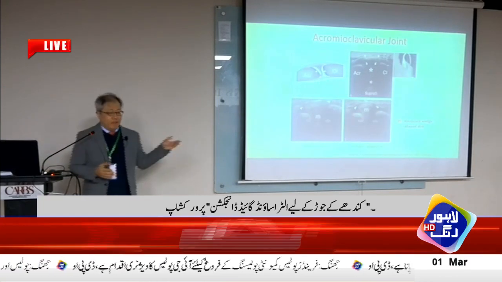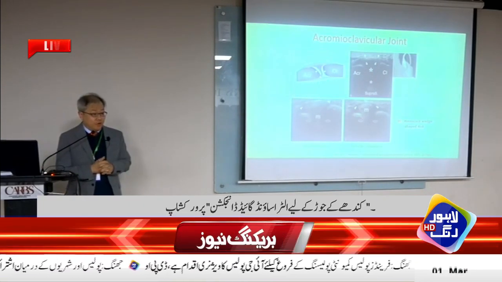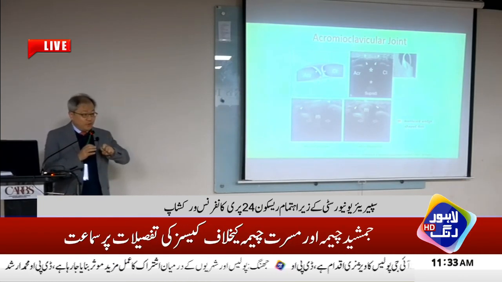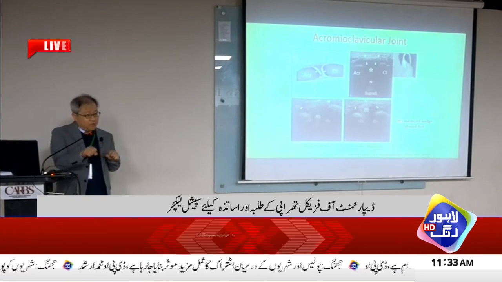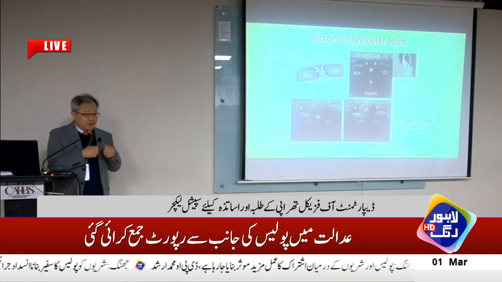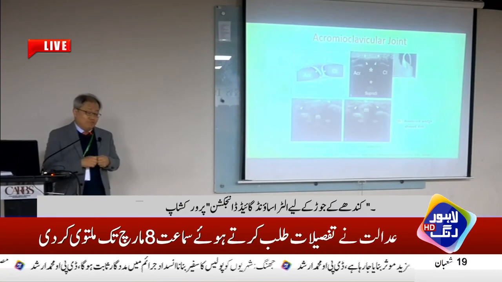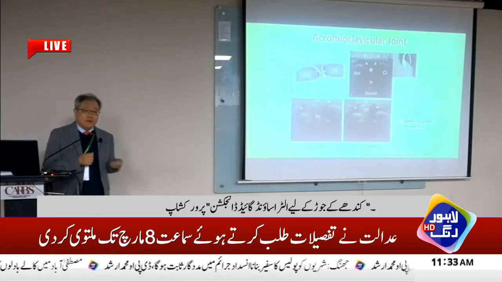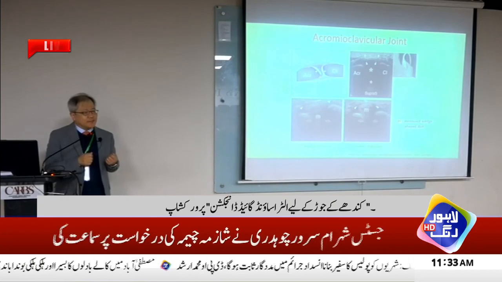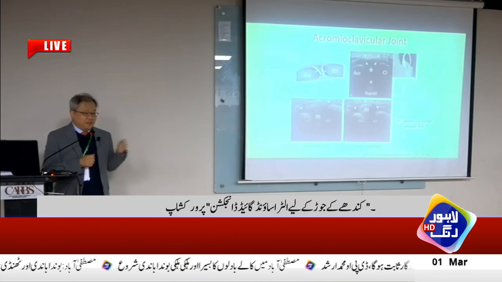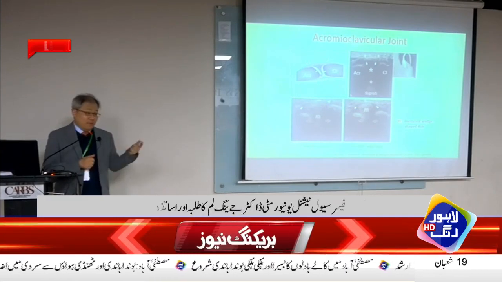So next one is the acromioclavicular joint, the acromion and the clavicle. This is a very important joint of the shoulder. We can easily detect any kind of degenerative change of the AC joint.